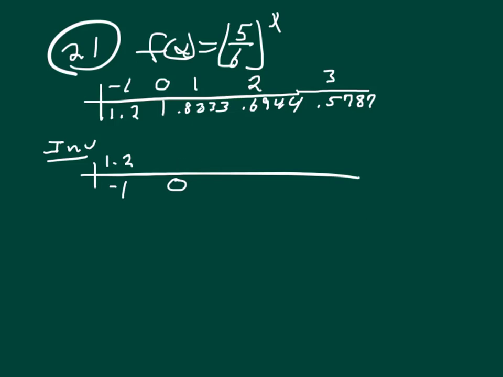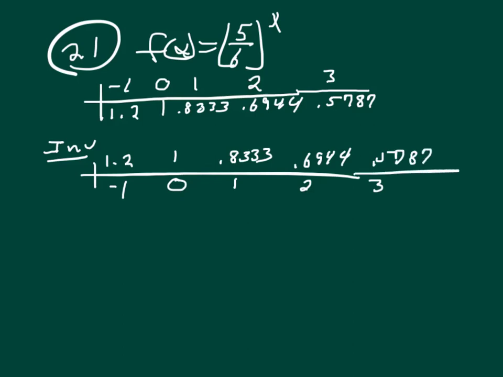I get 0, I get a 1. Now, for 1 I get 0.8333. For 2 I get 0.6944. And for 3 I will get 0.5787.